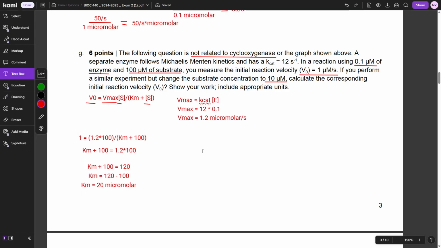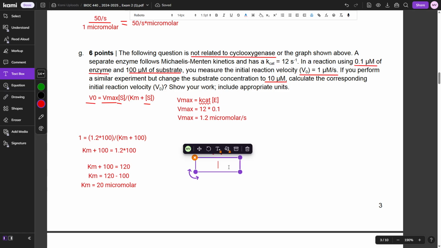So Vmax is going to be the 1.2 that I solved for before, times the new substrate concentration, which is already in micromolar so I don't have to convert anything, times 10. Then I divide all of this by the Km plus substrate, which is 20 plus 10.